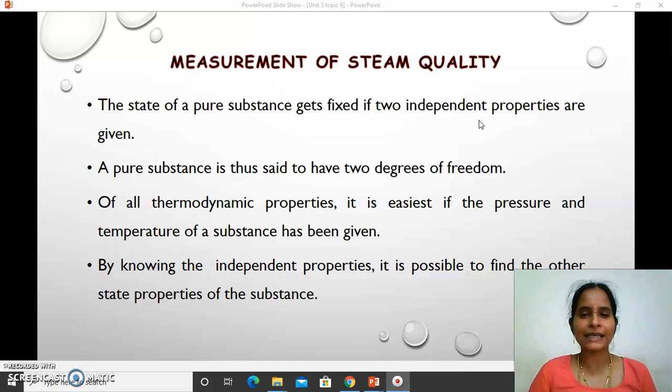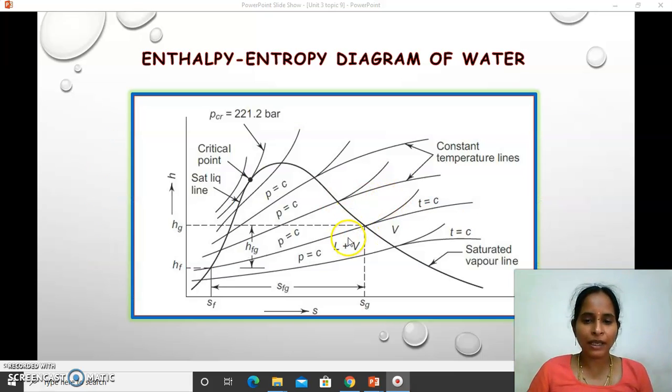Pure substances get fixed if two independent properties are given. If you want to fix one point in the Mollier chart, you need any two independent properties, either H and S, or V and T, or P and X, whatever it may be. Within these 7 to 8 parameters, it is mandatory to know any two independent properties.